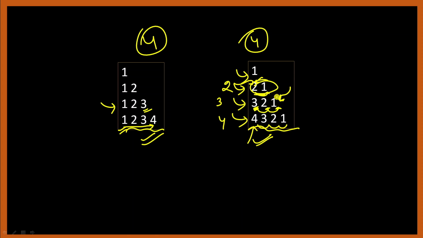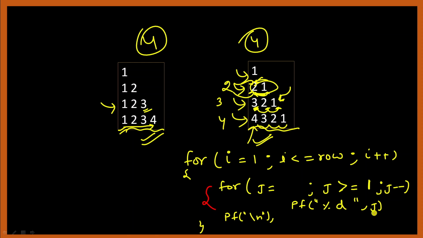It should run in the reverse order, and the starting should be done from i. So in the inner for loop we have to print the value of j, but the starting of this j variable should not be from 1. In each row we have to start from the row number. Basically the first digit should be equal to the row number: third row starting from 3, fourth row starting from 4.